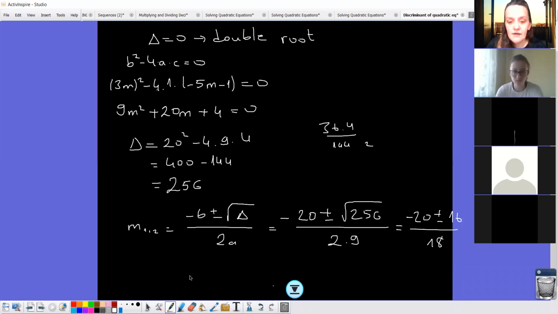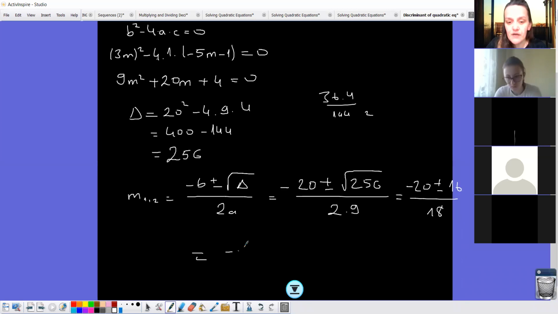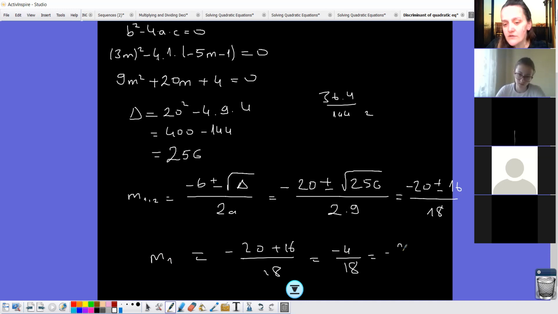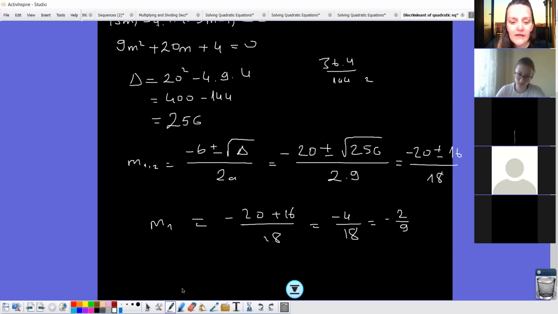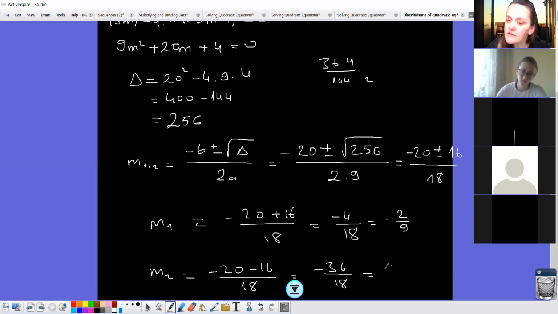Then m1 will be minus 20 plus 16 over 18, which will be minus 4 over 18. It is minus 2 over 9. And m2 will be minus 20 minus 16 over 18, which is minus 36 over 18. And it is minus 2.